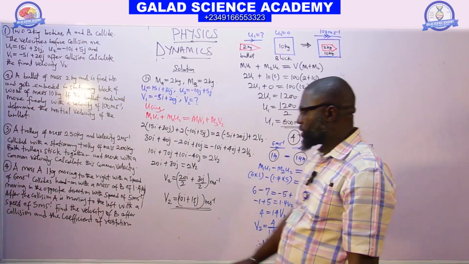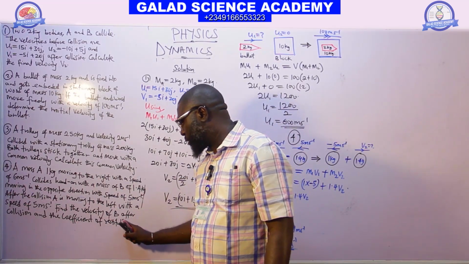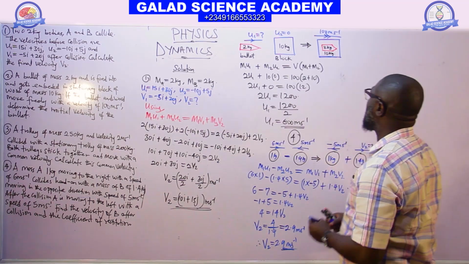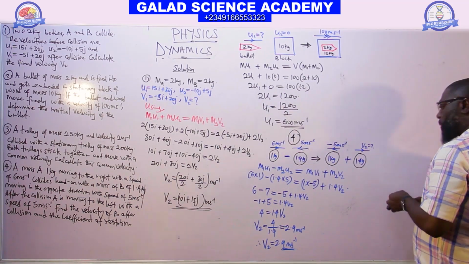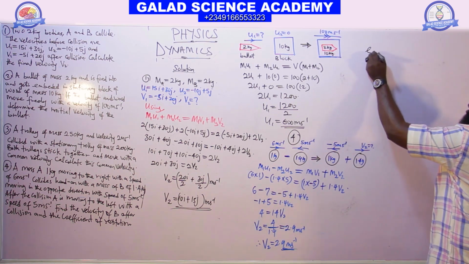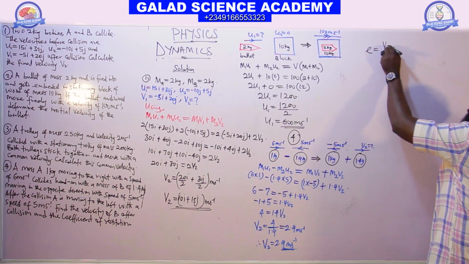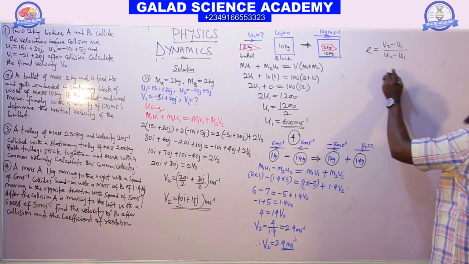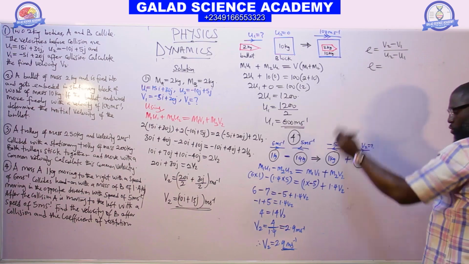You have to find the velocity of B after collision and the coefficient of restitution. As we all know, the coefficient of restitution E is equal to V2 minus V1 over U1 minus U2. What is V2?